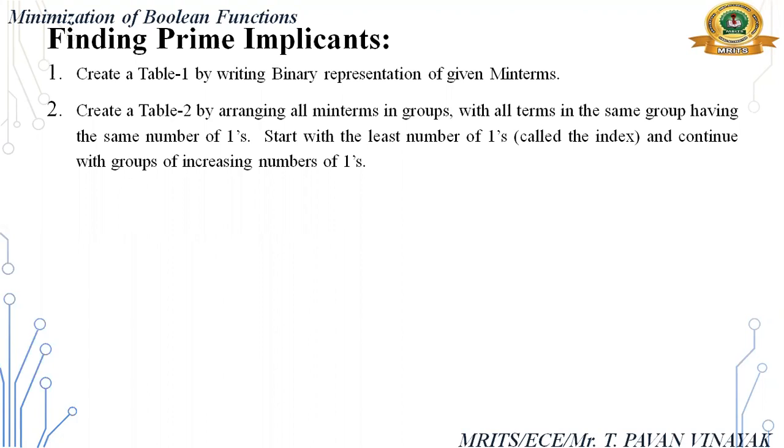So group 4 and 8 together, and give the index 1 because each consists of a single one. Index 0 means number of ones is 0. Index 1, number of ones is 1. Index 2, number of ones is 2. Index 3, number of ones is 3. Like that you have to arrange and create table 2.